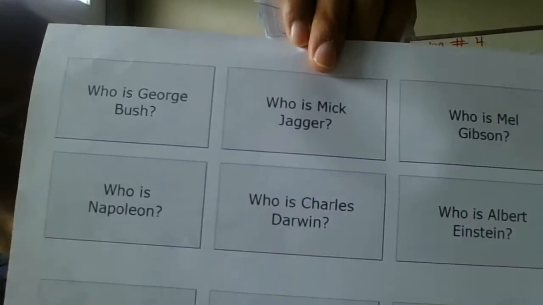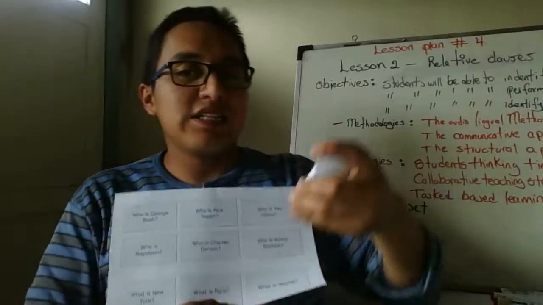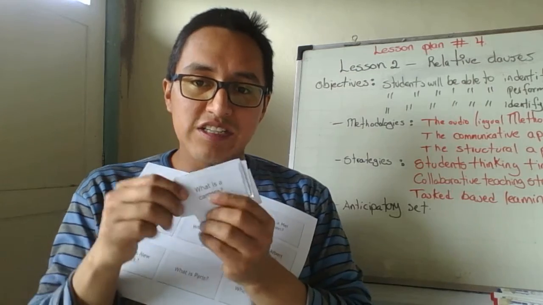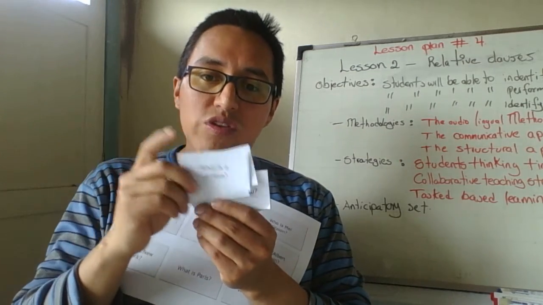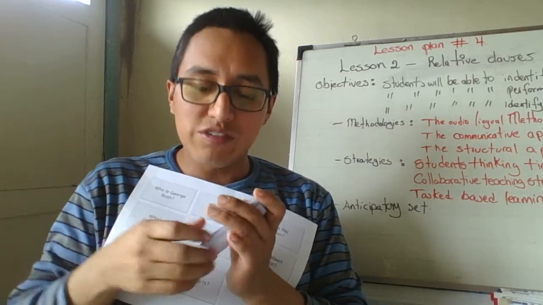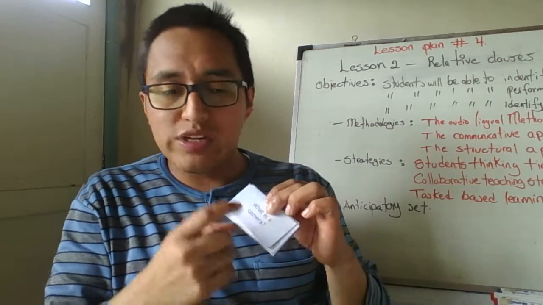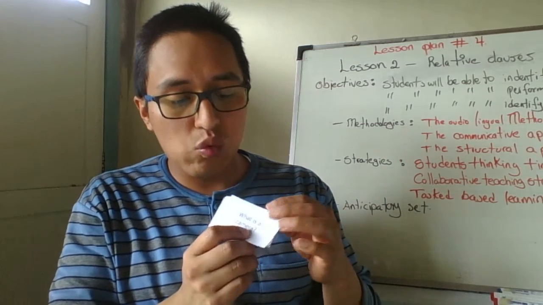As you can see, in order to get these cards here, 1, 2, 3, 4, they have to cut off, and then they will have to read the contents here. For example, what is a camera?